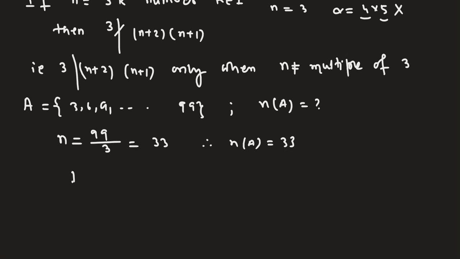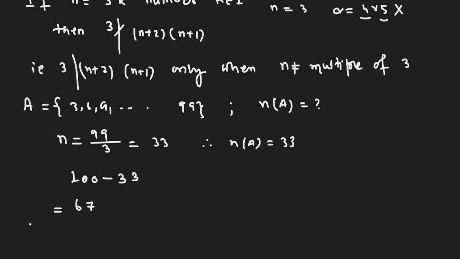From 100, if I subtract this number, we are getting 67. These are the numbers which are not divisible by 3. 67 numbers are there.